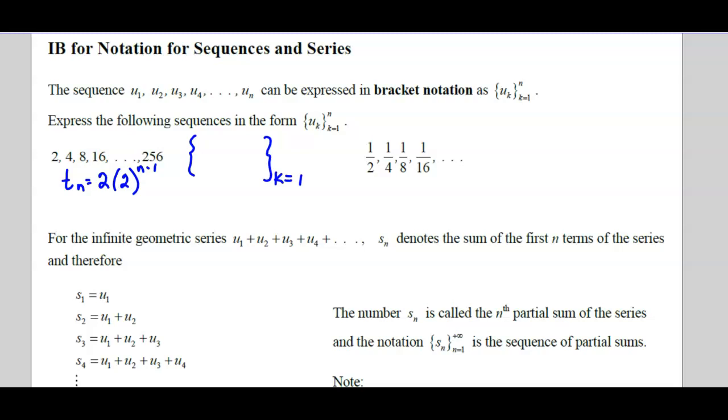Okay, so you could really simplify that because your first term is 2 and common ratio is 2. So this is 2 to the 1. Multiplying those together, you add the exponent, so that's going to be just 2 to the n. Okay, so you can simplify that one. So in here, I'm going to put 2 to the k.